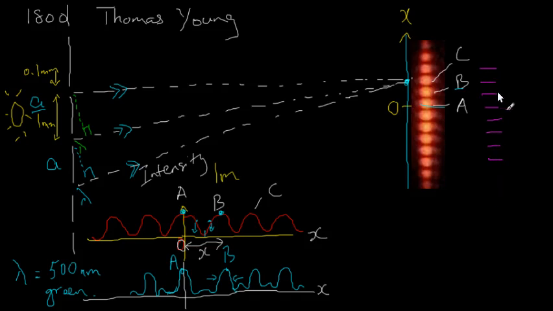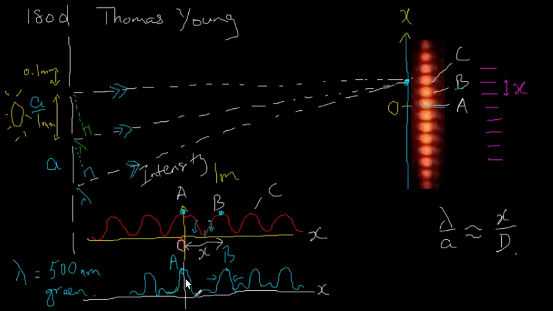And once we start getting narrow lines, it becomes a lot easier to measure accurately the distance between the fringes. And that makes it more accurate if we want to use this to calculate the wavelength. If you remember using that formula, lambda over a is approximately x over t. Okay.